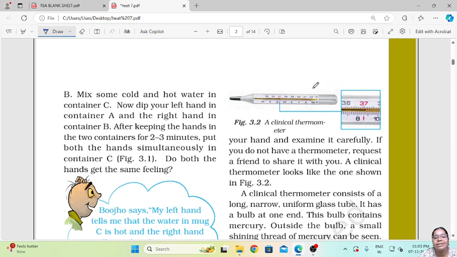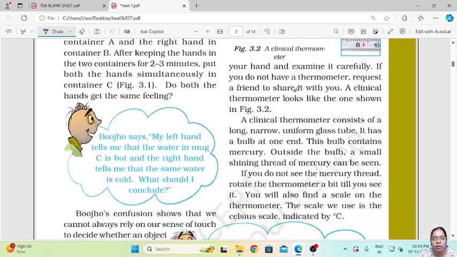A thermometer is a device which is used to measure the heat of any object. A rise in temperature means the object is hot, and if there is lower temperature, then the object is cool. This is how we can determine whether a substance is hot or cool.